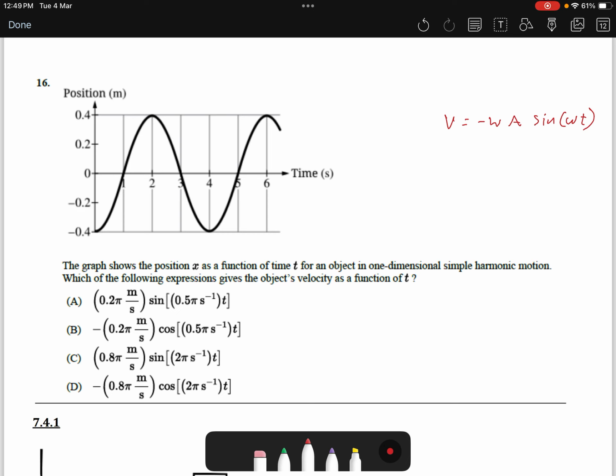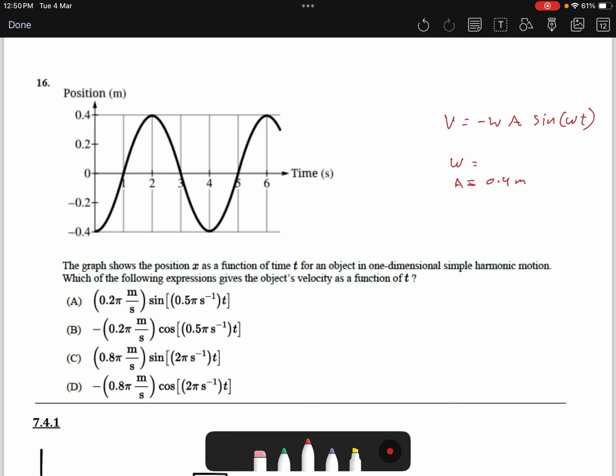Now to find the specific formula for this specific motion, we need to determine omega. We need to determine A. Of course, A is 0.4 meter. Done.